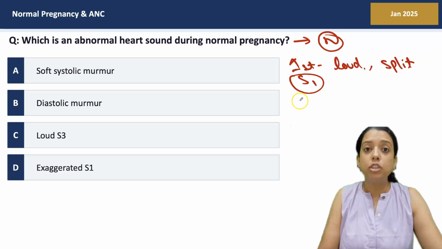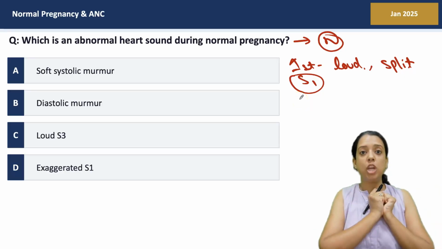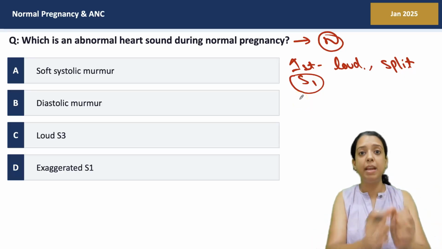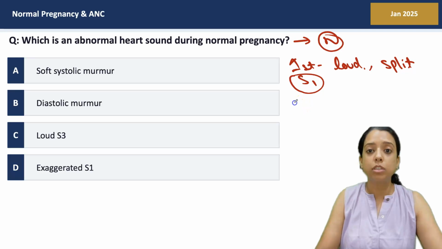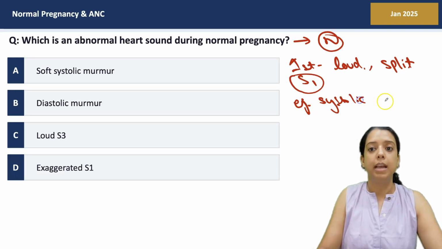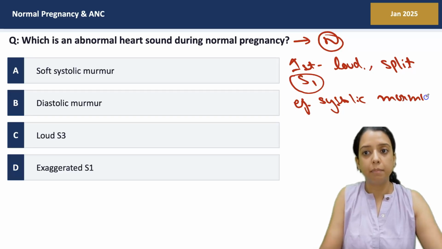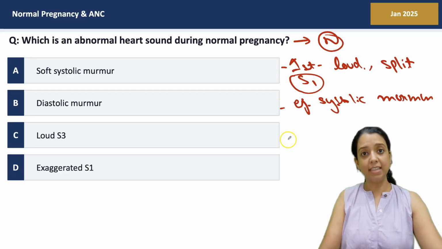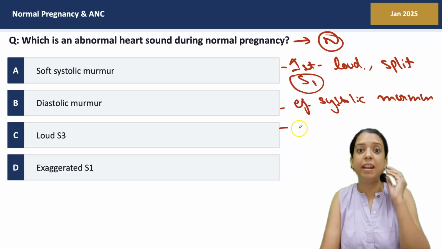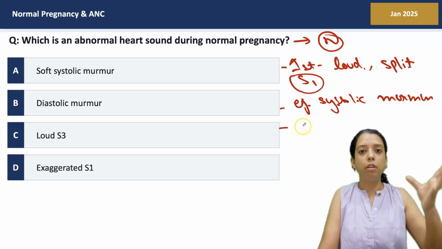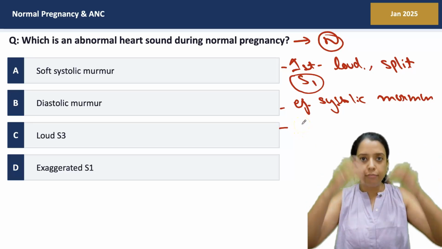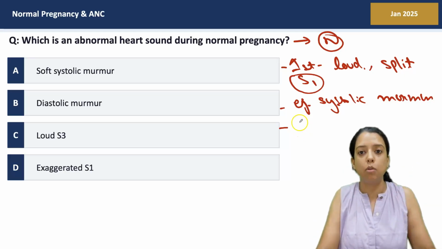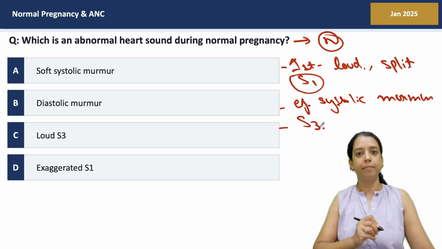Second thing, because the blood is being ejected out forcefully, you start hearing an ejection systolic murmur. The next thing that appears, you start hearing a ventricular gallop. Ventricular gallop means when the ventricle opens for filling the blood, it is the gallop sound, which is S3.